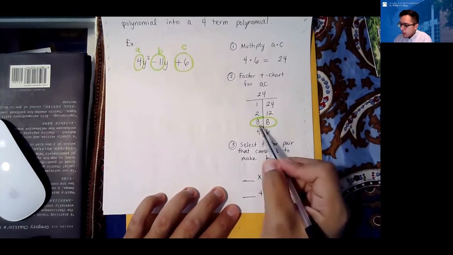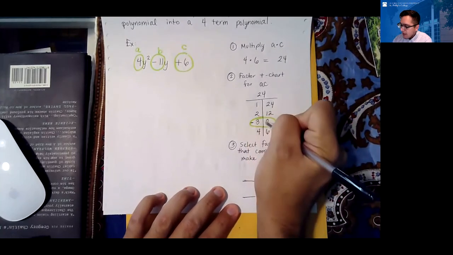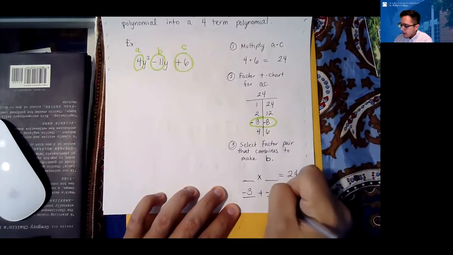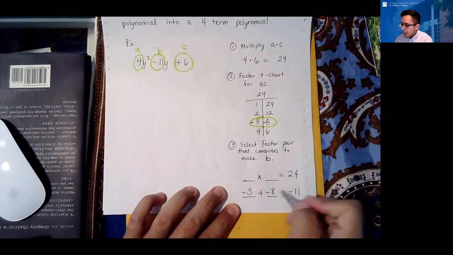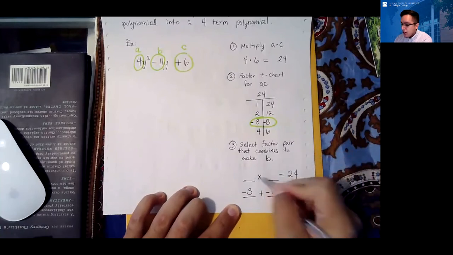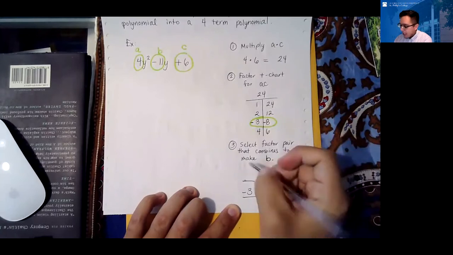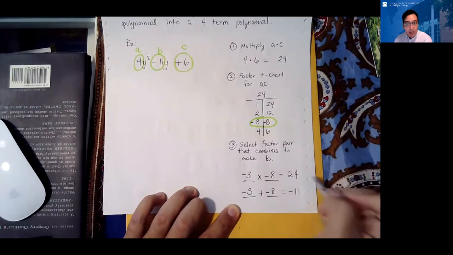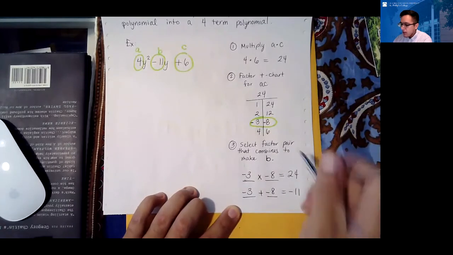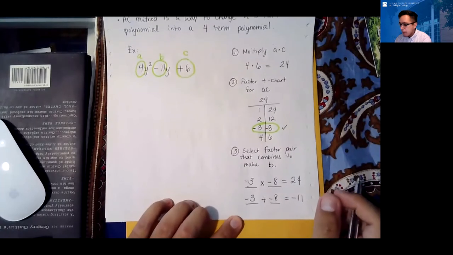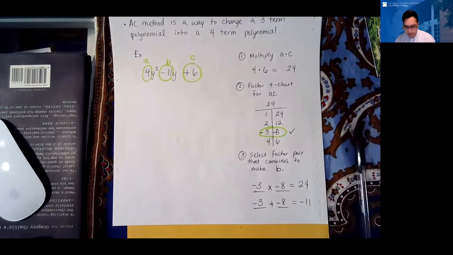If I throw negative signs on these, negative 3 and negative 8 add together to give me negative 11. And I need to make sure the other condition isn't messed up, and negative 3 times negative 8 does give you positive 24. So these factors check out. I can go ahead and use negative 3 and negative 8.